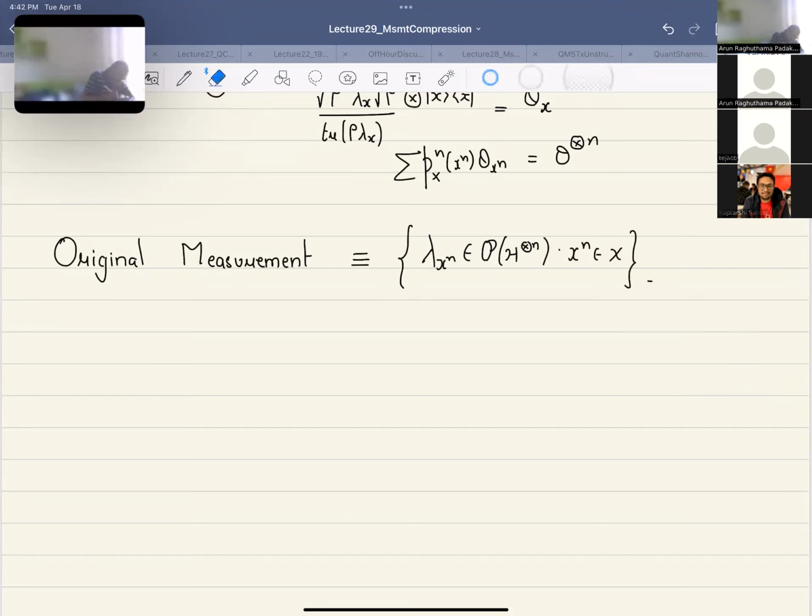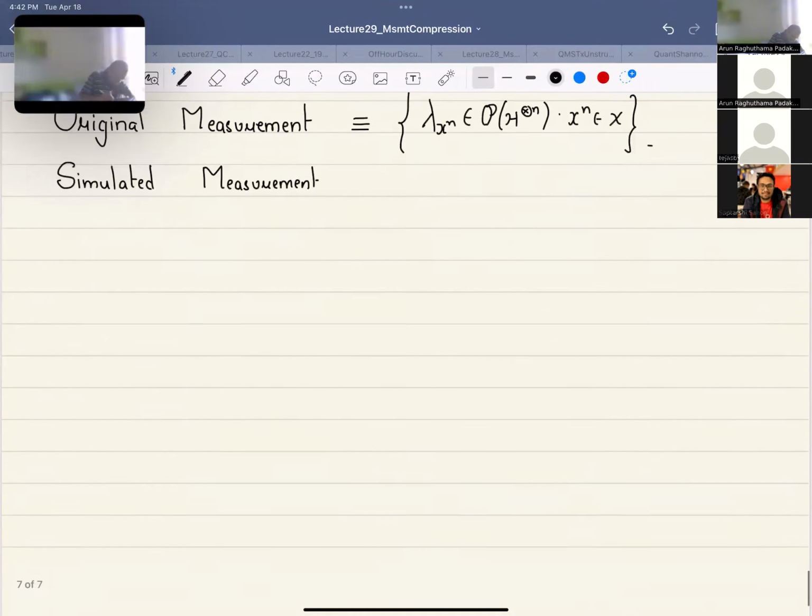Now I'll create a new measurement. I'll call it a simulated measurement. So what I do is the following.